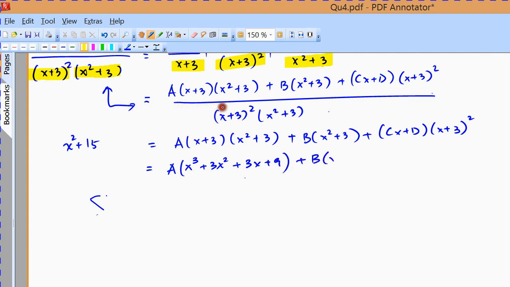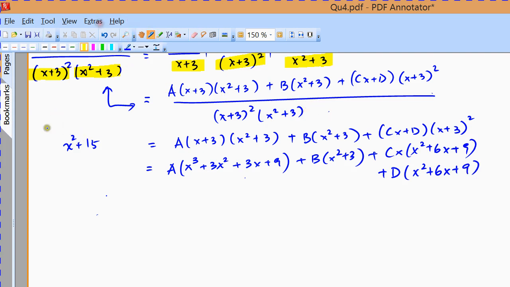This one does not change. And here we have cx multiplied by x squared plus 6x plus 9 plus d multiplied by x squared plus 6x plus 9.